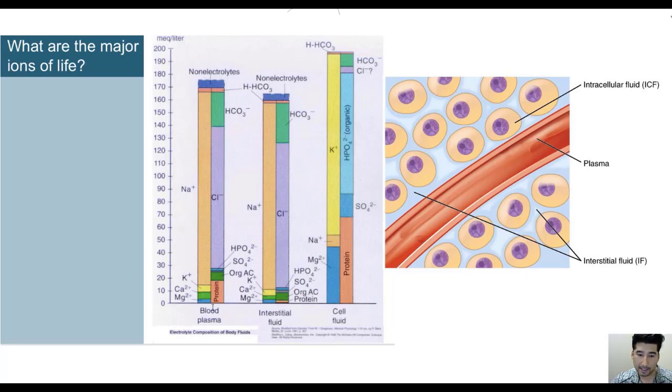So if we start with blood plasma, this is really important, so pay attention. We can see that our magnesium levels range from 0 molar to about 4 molar. Molar sounds like a lot, but we'll stick with it. You'll get the idea. So from 0 to about 4 moles of magnesium 2+, which is kind of low.